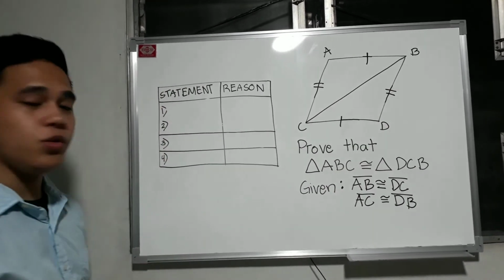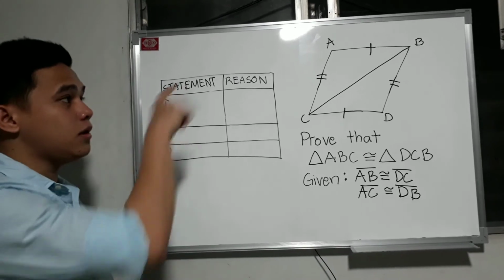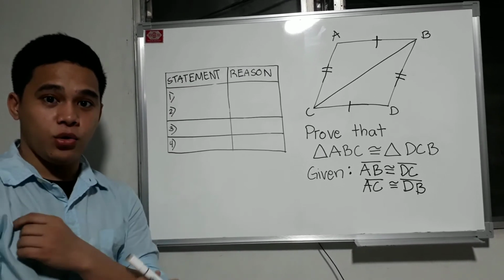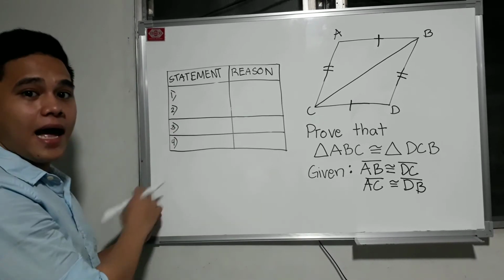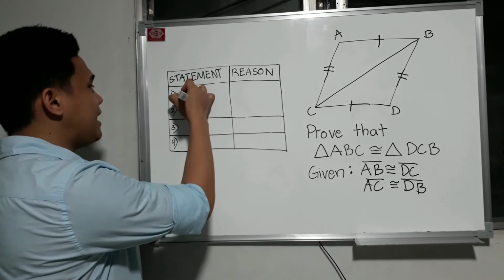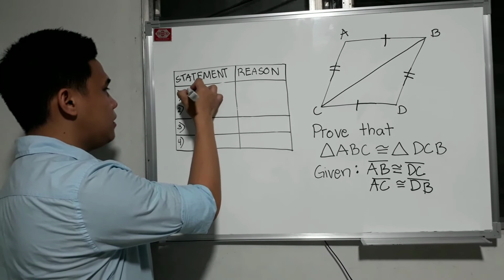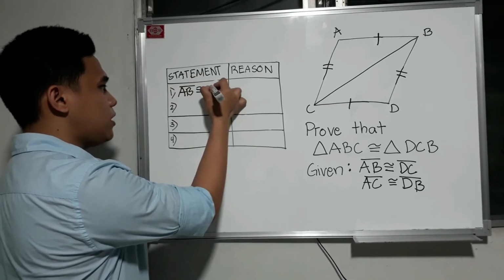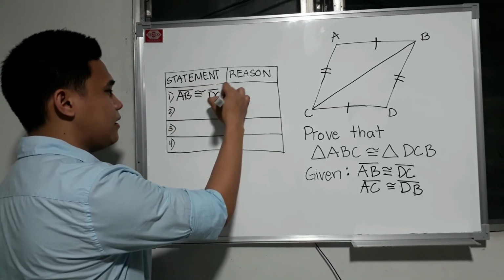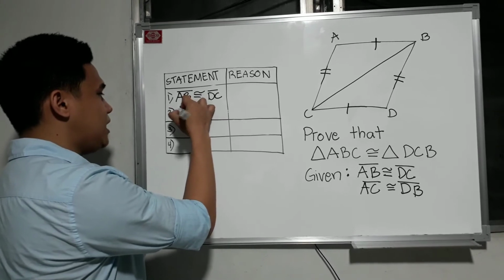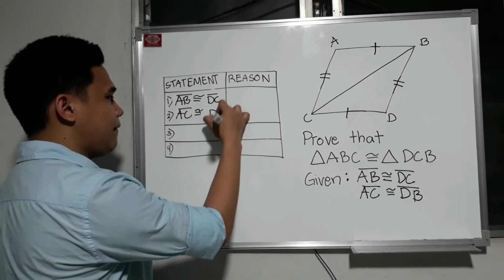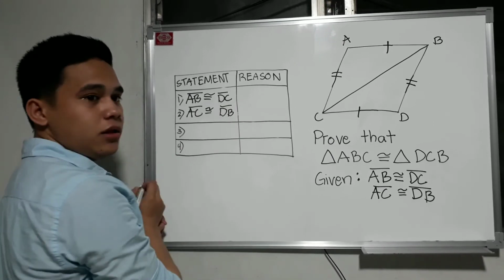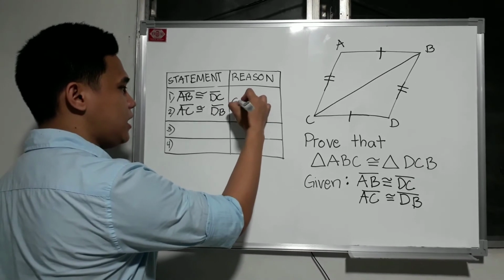So let's use a two-column proof to prove that those two triangles are congruent. So we will put on the first and second one the given. So segment AB is congruent to segment DC, and also AC is congruent to segment DB. So our reason for this is given, since it is given.